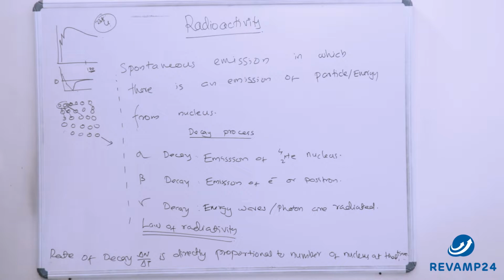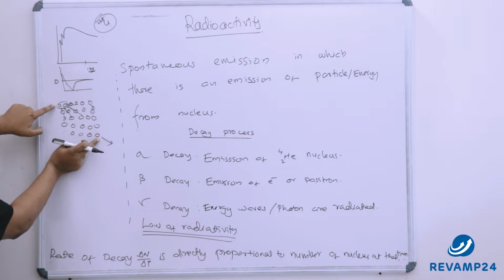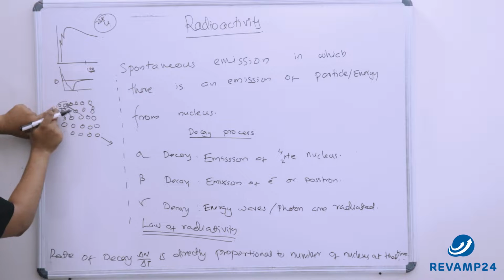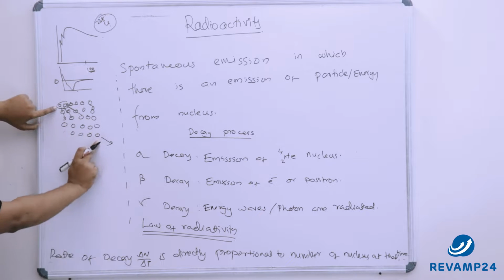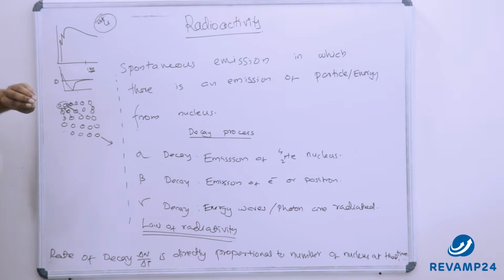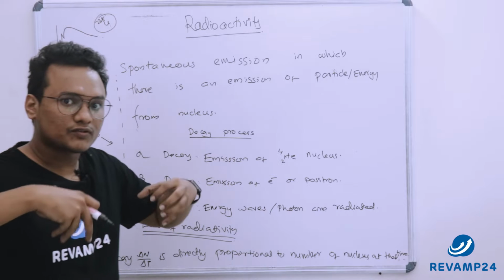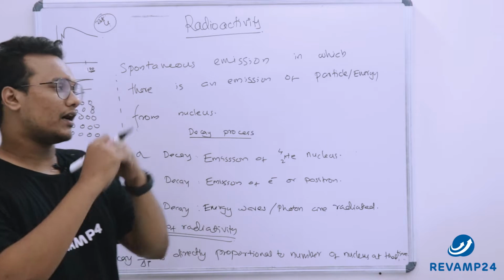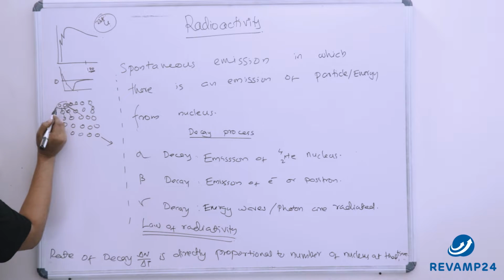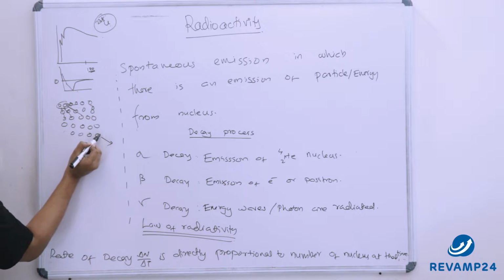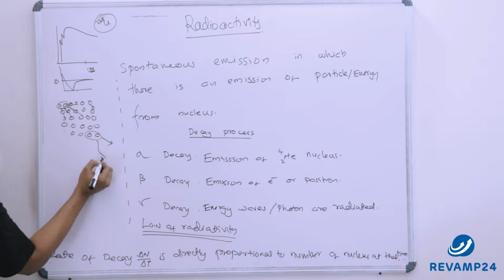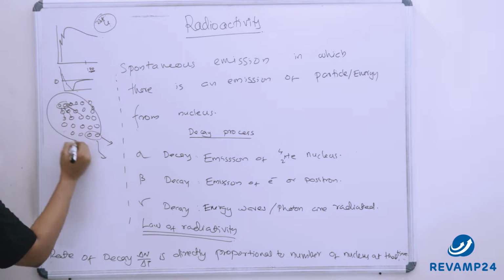Now, when the size of the nucleus is so high, in such a way that the nuclear force between the farthest nucleons would be less and Coulomb's force of repulsion would be very high, these nucleons offer repulsive force on each other and will have a tendency to go out. So the whole thing is the nucleus.